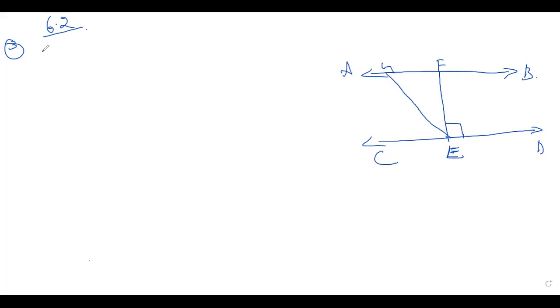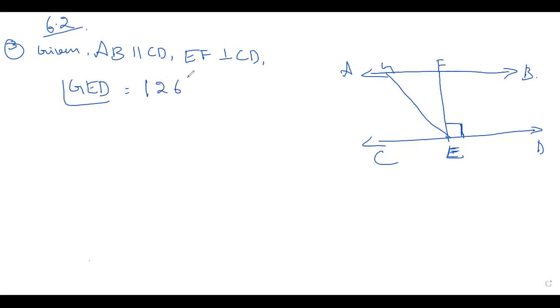Yes, this is your figure, children. I will write what is given. AB is parallel to CD, right? And EF is perpendicular to CD. That's why I have written 90 degree here. Then angle GED is equal to 126 degree.